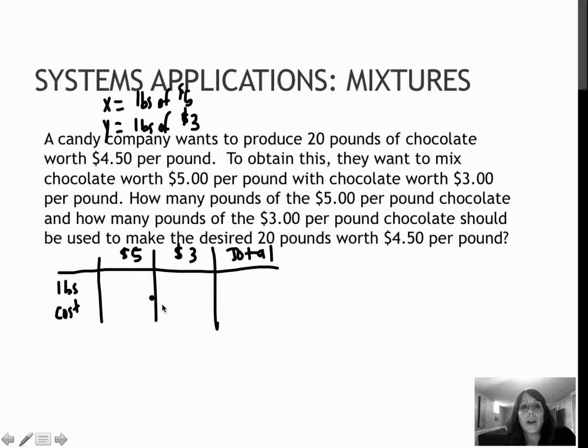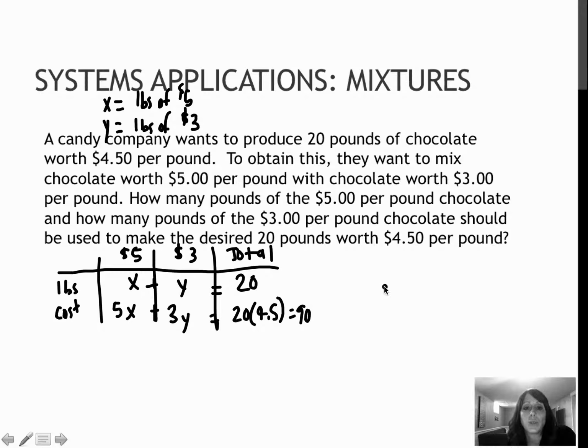So for the number of pounds, I would say X plus Y equals 20 pounds. For the cost of those, I would say that I would have to take 5 times X plus 3 times Y to get 20 pounds worth $4.50 per pound, so 20 times 4.5, also known as 90. Again, choose whichever method that you would like to solve.